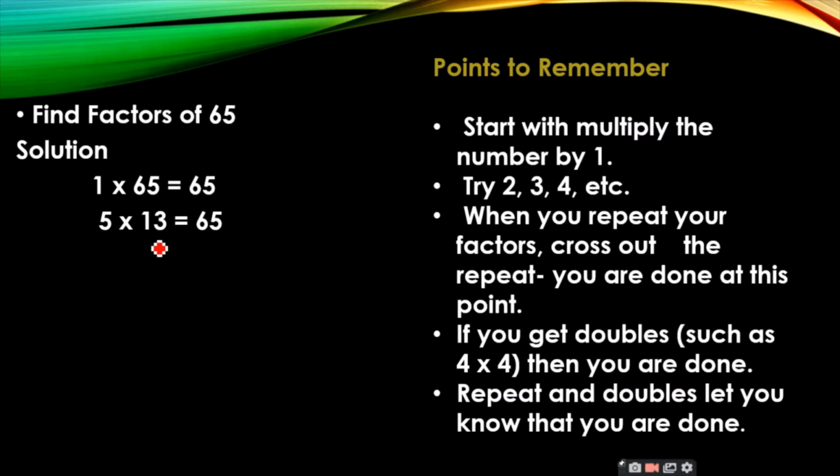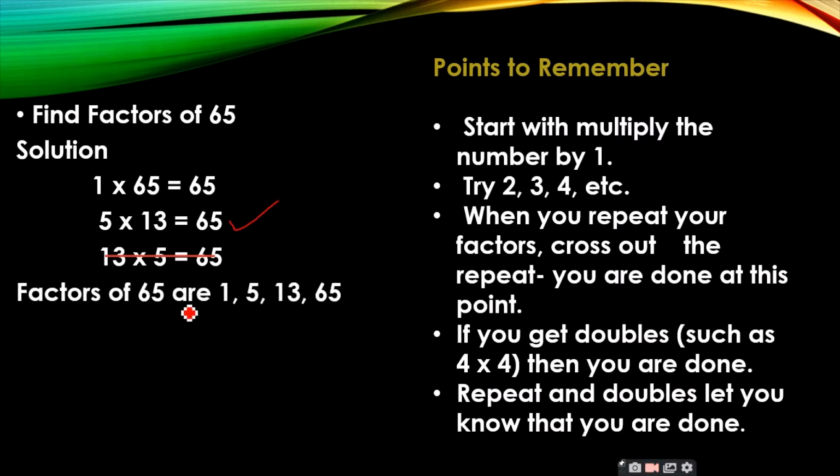When we multiply 5 by 13, we get 65. And 65 does not come in the table of 6, 7, 8, 9, 10, 11, 12. But in the table of 13, 65 comes when we multiply 13 by 5. But at this point the factor is repeating, so we just cross it out, and we are done at this point. So factors of 65 are 1, 5, 13 and 65 itself.